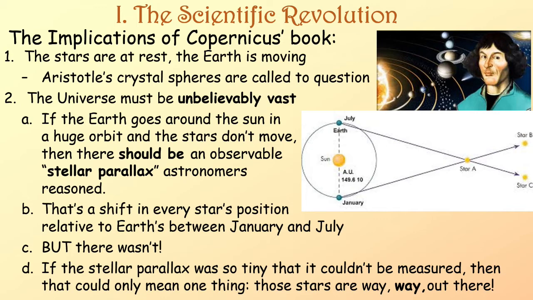But the problem is, the stars don't seem to be doing that. In that case, if the stellar parallax is so tiny that it can't even be measured, can't even be observed, then that could only mean one thing. Those stars are way, way, way out there. See, with Copernicus, the universe just got unbelievably bigger.